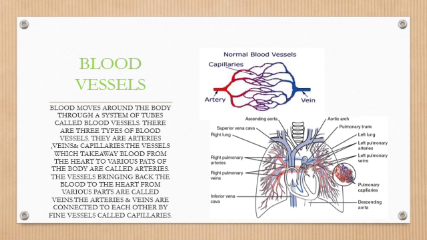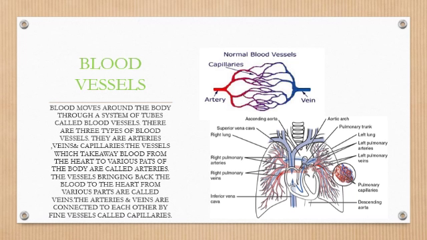Veins are the blood vessels which bring back the blood from different parts of the body and bring it to the heart. So since it is bringing the blood from all the parts to the heart, veins are called as collecting blood vessels. Arteries are called as distributing blood vessels. Veins are called as collecting blood vessels.